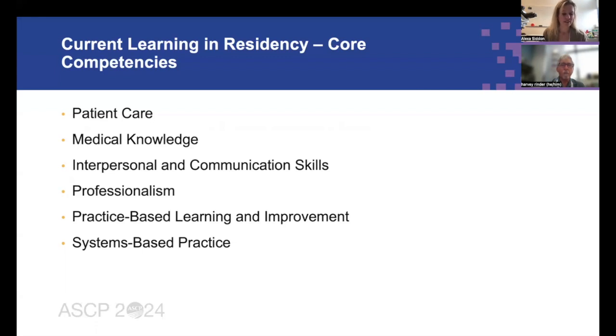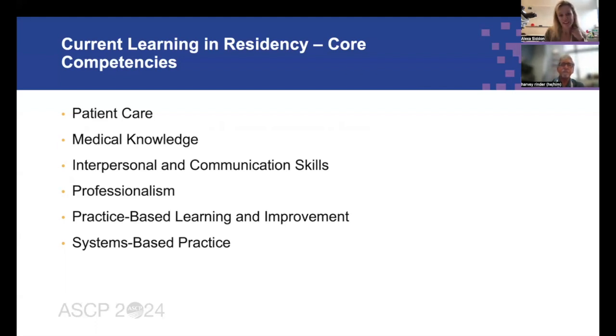So this is the residents have to demonstrate the ability to investigate and evaluate care of patients and to assimilate evidence to providing patient care. And they also have to develop some skills and habits to meet some of the goals.